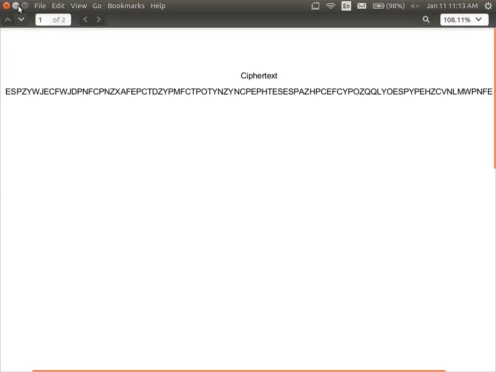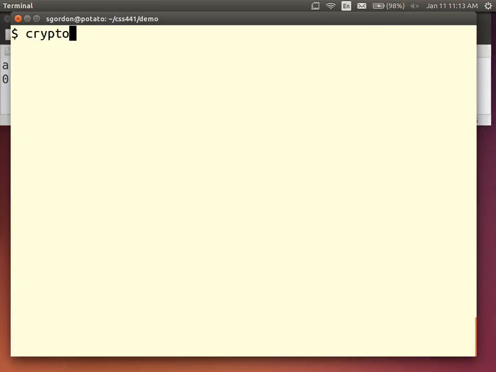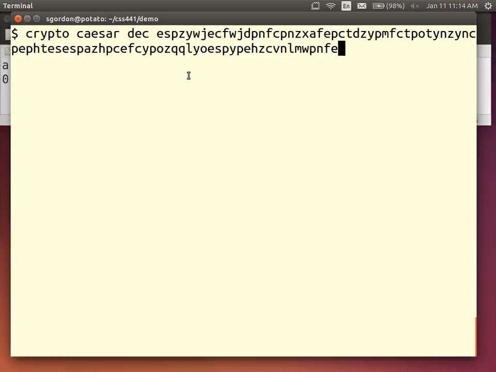It will use the Caesar cipher and decrypt that long ciphertext. Don't be too concerned about how the software works.